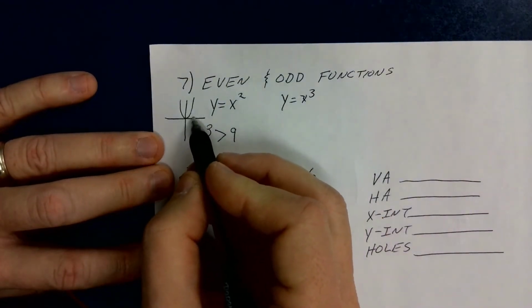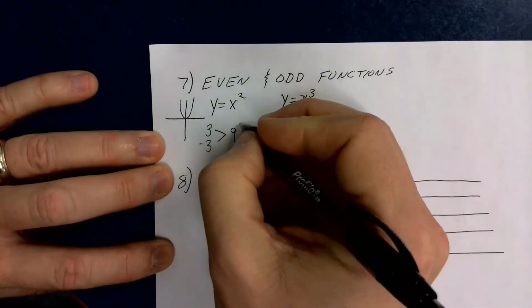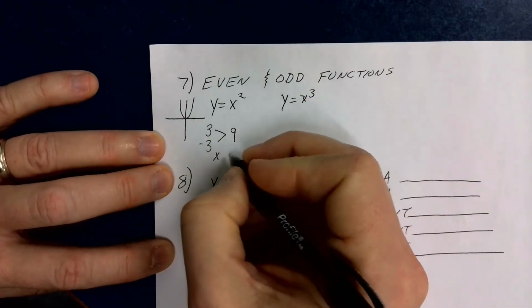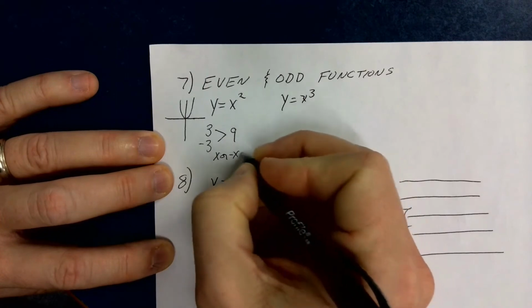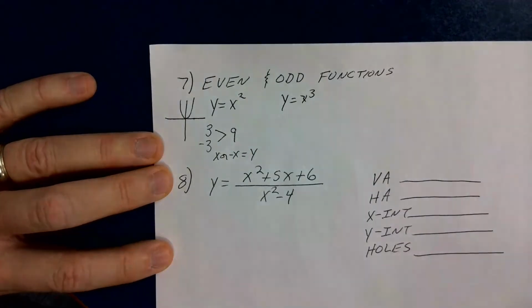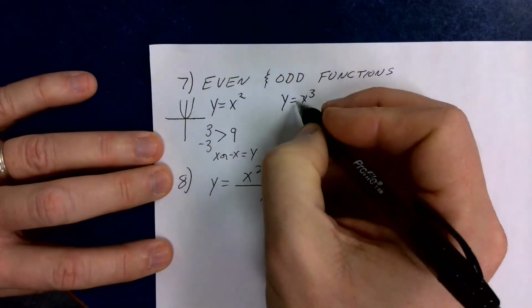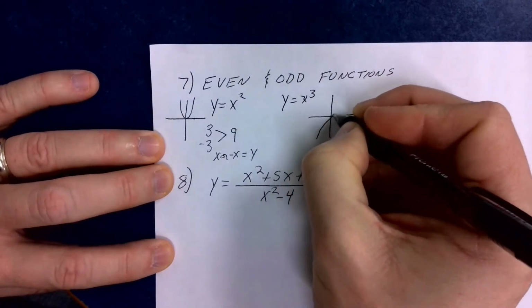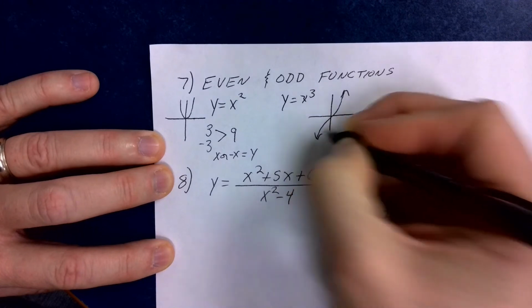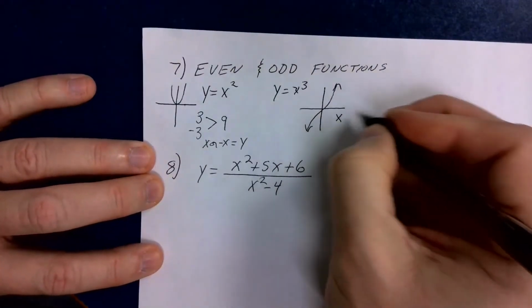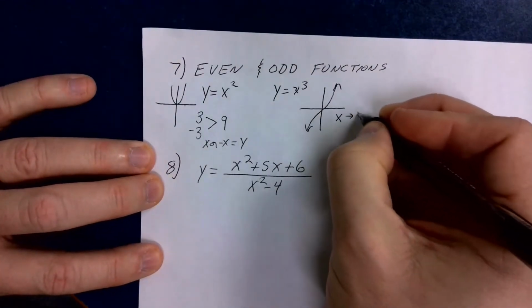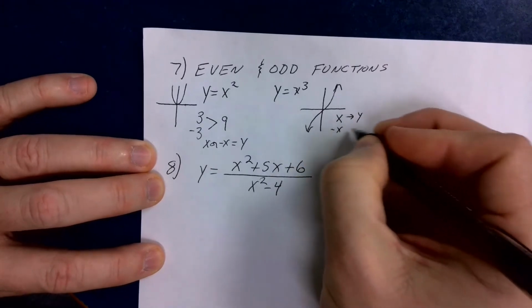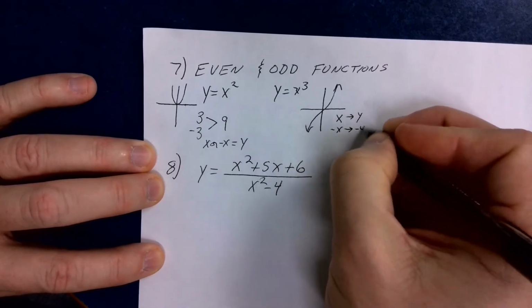So whether you put in positive x or negative x, they're going to equal the same y, okay? Odd functions, like y equals x cubed, like this, if you put in x, you're going to get out y, but if you put in negative x, you're going to get out negative y.